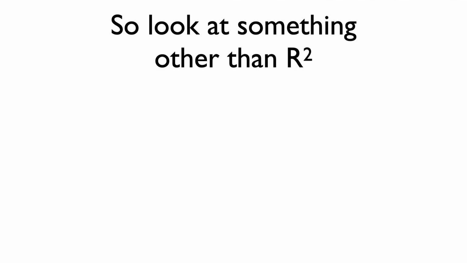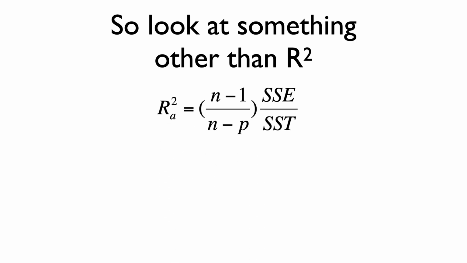So we have to look at something other than our R squared, because it's always going to go up. We have to find some quantity that could go up or down. And there it is. Don't worry, you're never going to have to reproduce this. I'm telling you what this thing is. This is called adjusted R squared. That's why it's got an A at the bottom. You can see here it's weighted by n minus 1 divided by n minus p.